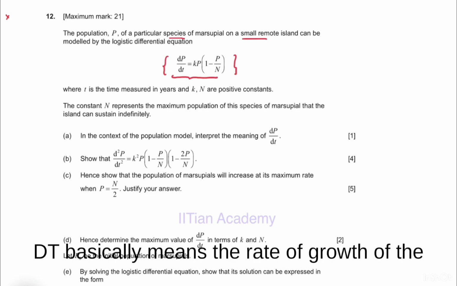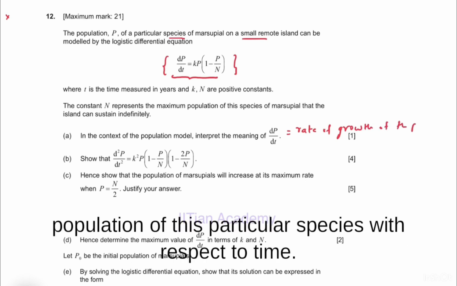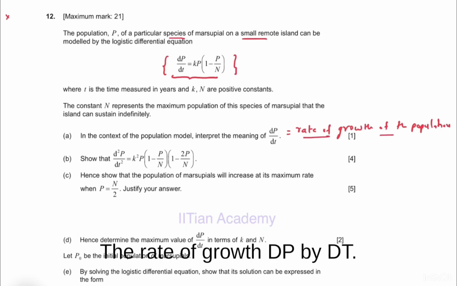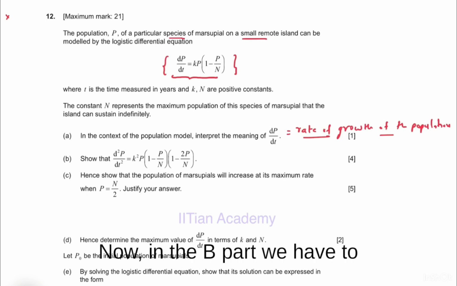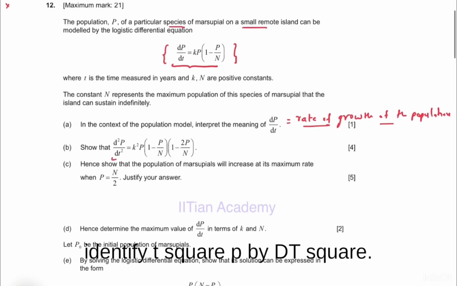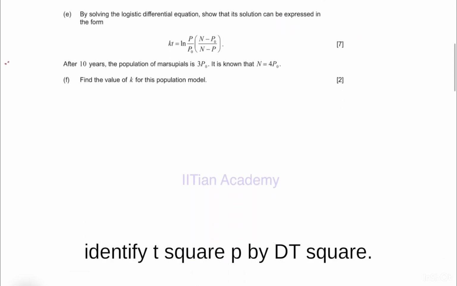dP by dt basically means the rate of growth of the population of this particular species with respect to time, the rate of growth, dP by dt. Now in the B part, we have to identify d square P by dt square.